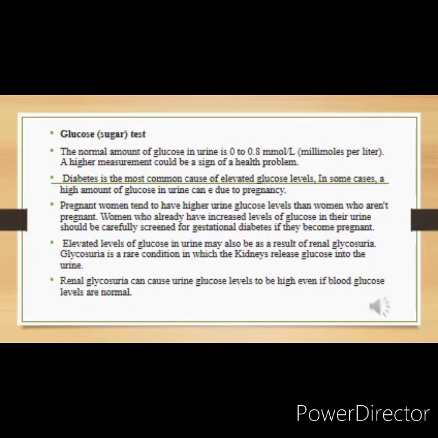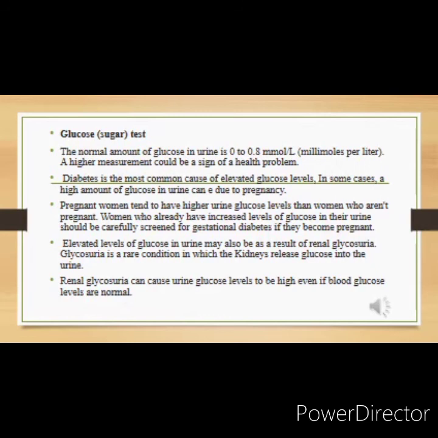Conditions associated with high levels of glucose in the urine include diabetes. Diabetes is one of the most common causes of elevated glucose. In some cases, rather, it can be due to pregnancy. Pregnant women tend to have a higher risk of urine glucose than women who are not pregnant.